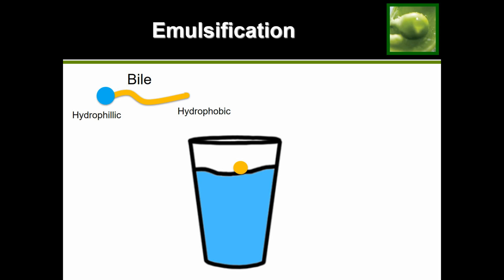Now, the same kind of concept happens in the body with the fat that we want to digest from our diet. So let's go ahead and apply this to the fat that we're trying to digest. Instead of this being a drop of oil, let's say that this is the hydrophobic fat that we just got from the food that we ate and we want to digest. And instead of this being a cup of water, let's say that this is our digestive fluid.